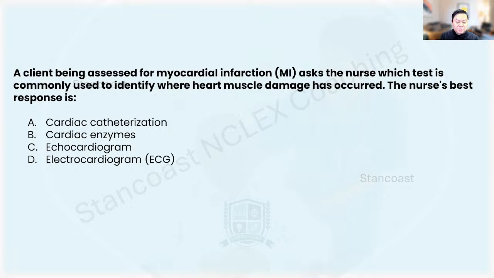The nurse's best response is A, cardiac catheterization, B, cardiac enzymes, C, echocardiogram, D, electrocardiogram.